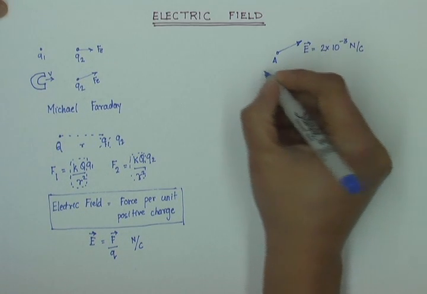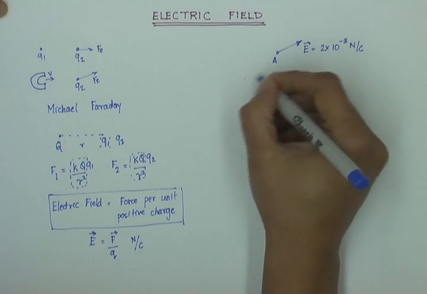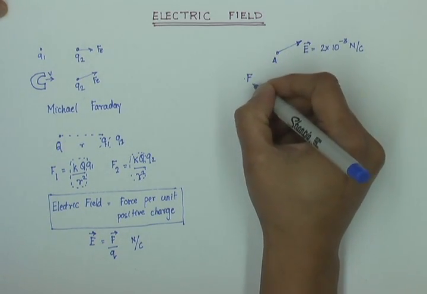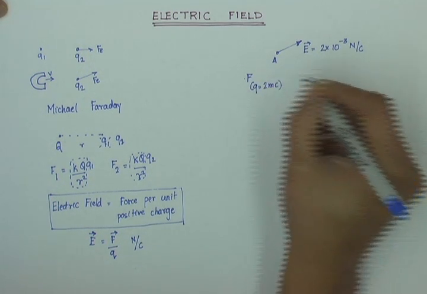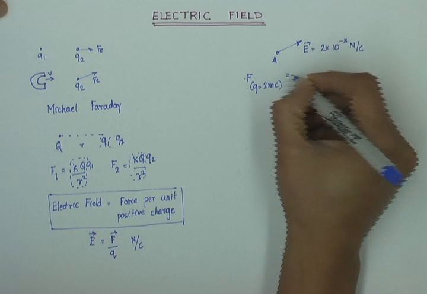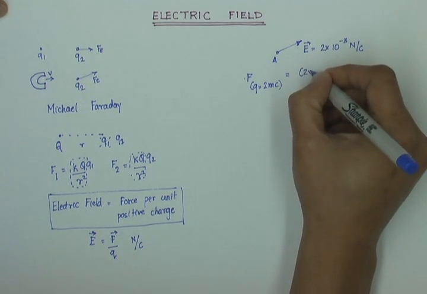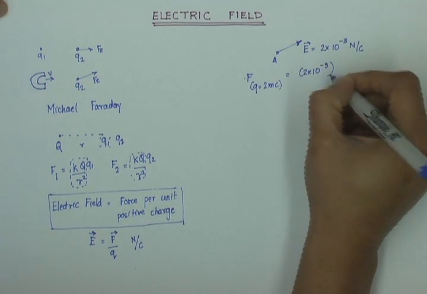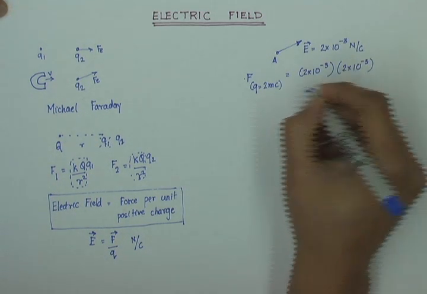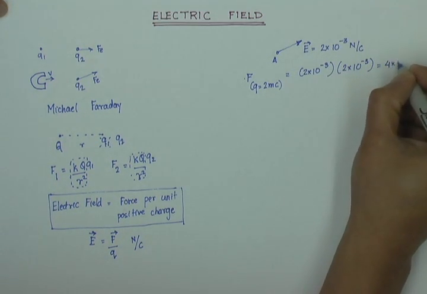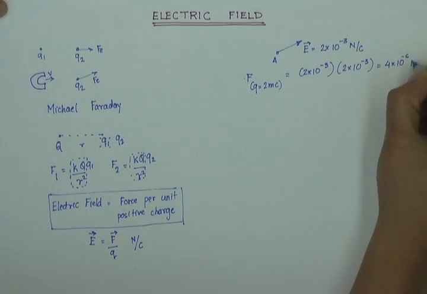Now if I want to find out the force experienced by a charge of 2 millicoulomb placed at this point, all I have to do is multiply 2 into 10 raised to minus 3, that is 2 millicoulomb, by 2 into 10 raised to minus 3, that is the electric field, and I get 4 into 10 raised to minus 6 Newton.